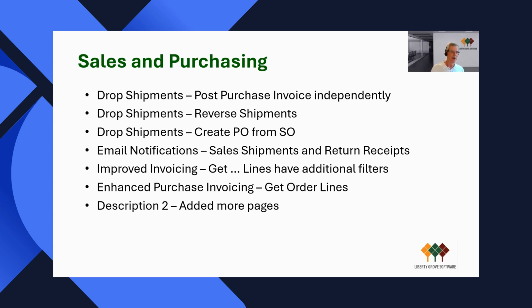Now you're able to go and retrieve lines from different purchase orders and track that those lines have been invoiced. So get order lines is a new function, and it helps you to deal with those invoices where your vendors have multiple POs contained within one invoice.